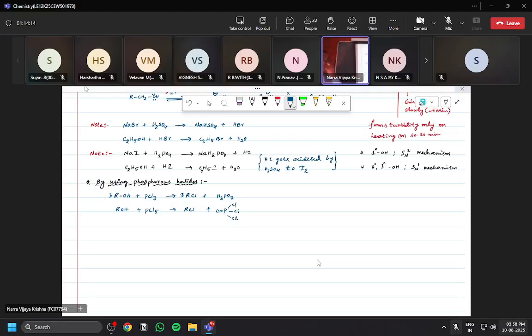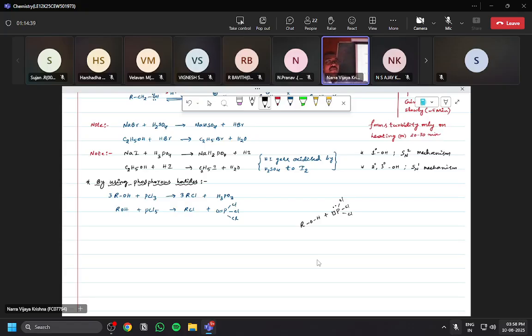How does the reaction proceed? Observe this. ROH, phosphorus, chlorine, chlorine, chlorine, and a lone pair. And also an orbital is empty. Possible or not? The d orbitals of phosphorus are empty.